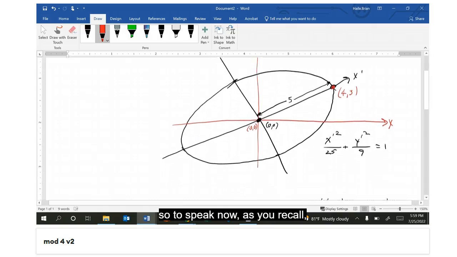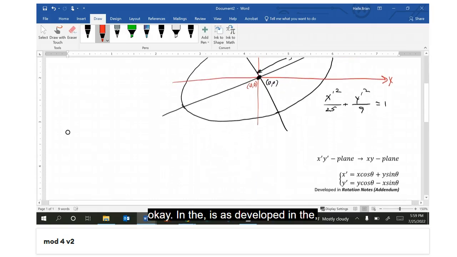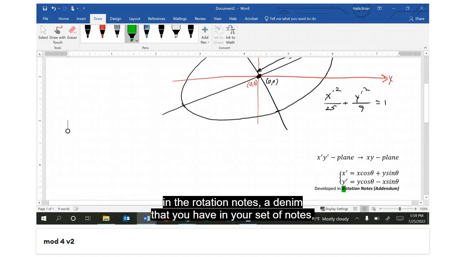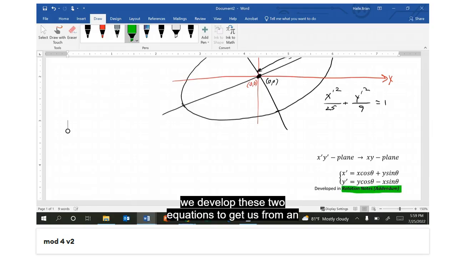Now, as you recall, as developed in the rotation notes addendum that you have in your set of notes, we developed these two equations to get us from an equation in the x prime y prime plane to an equation in the xy plane.